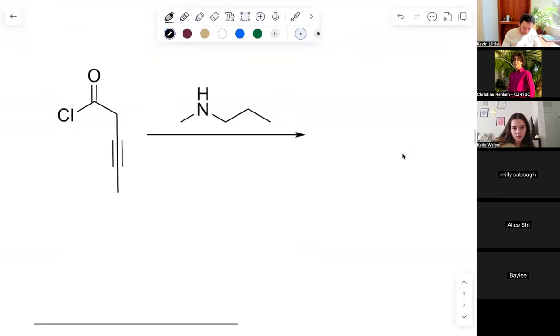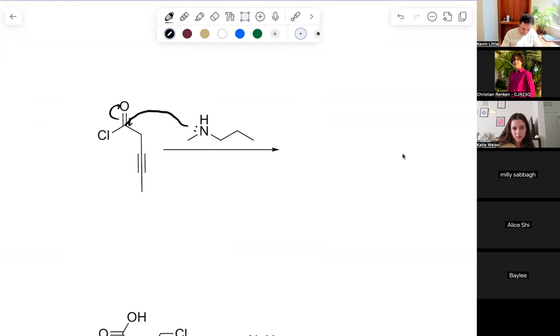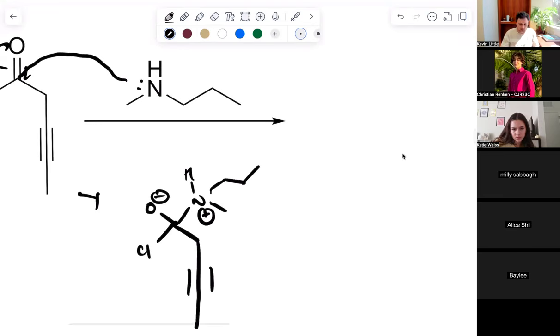I've got a nucleophile, I've got an electrophile, I've got no acid or base. So the nucleophile attacks the electrophile. Then I'm not in acidic conditions, so I don't need to do a proton transfer. There's no acid here. This is actually net neutral. Even though you see a positive charge, it's net neutral, so I don't need to do anything.